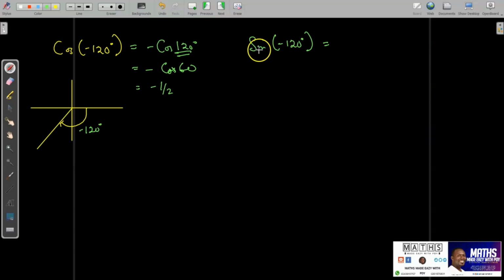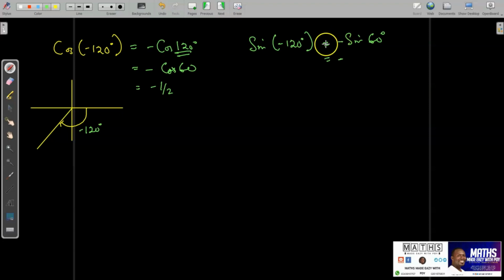So sine of negative 120 degrees is negative sine of 60 degrees, because that's the special angle we can obtain from 120 degrees. And sine 60 is what? √3 on 2.